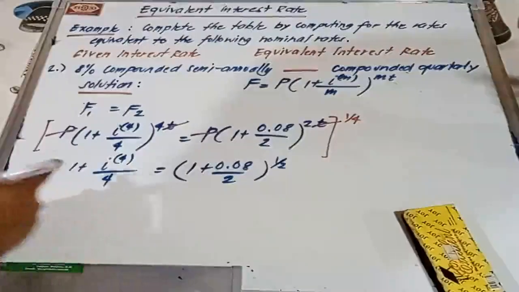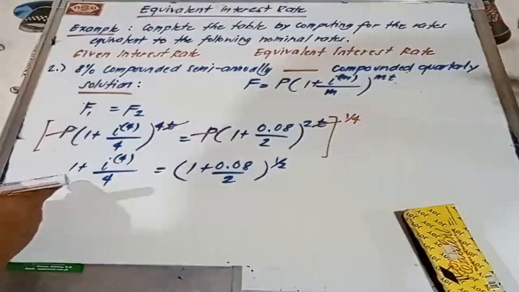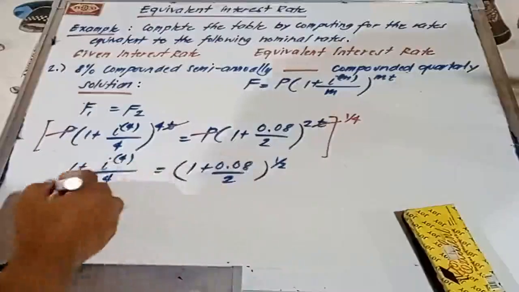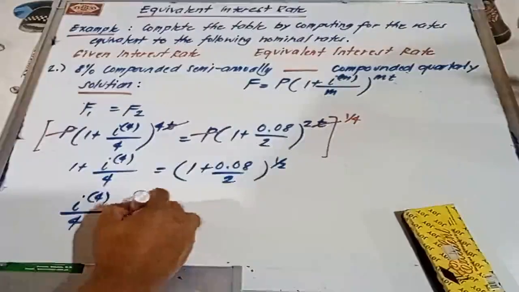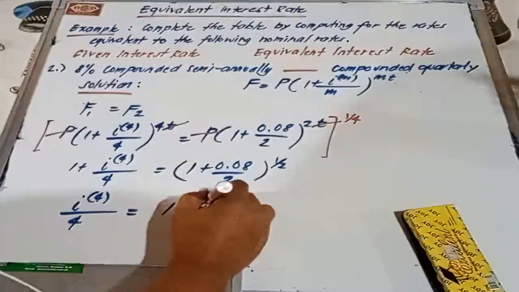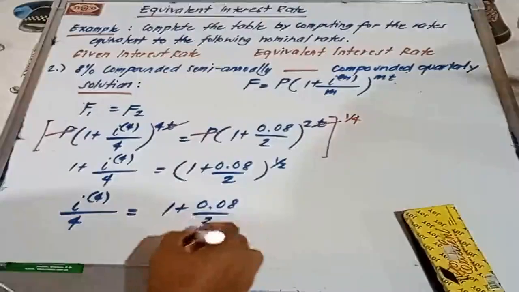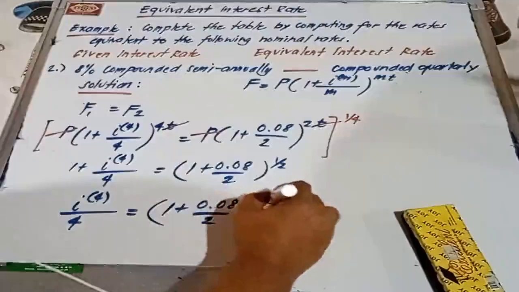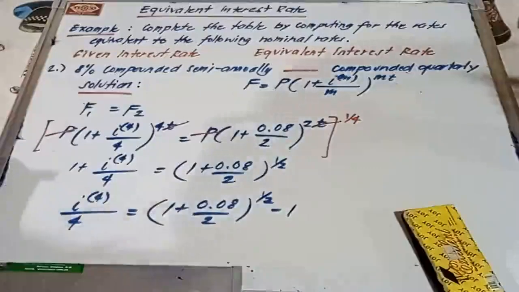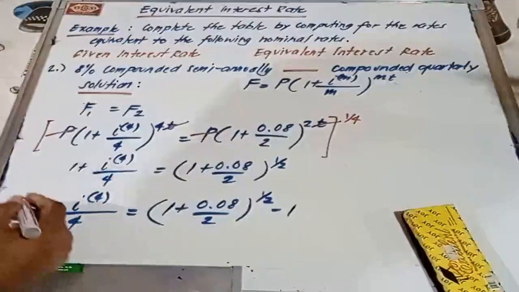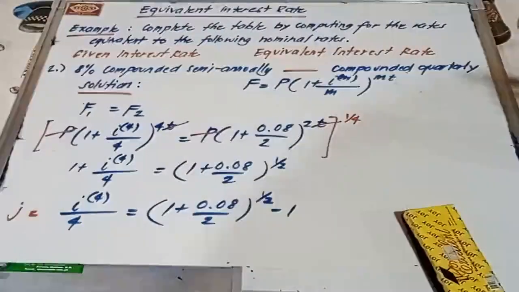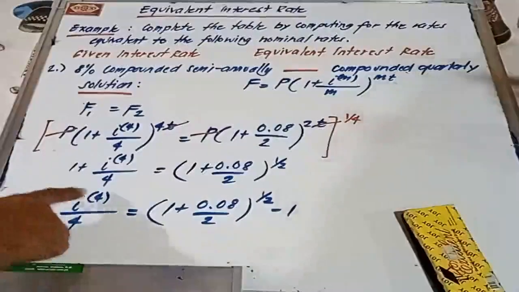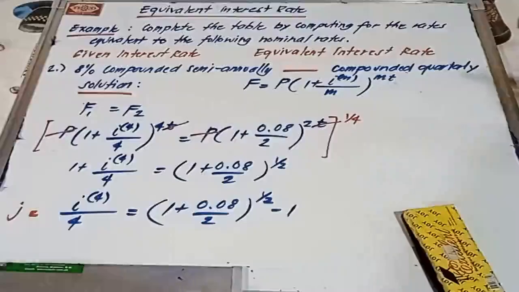And then, I'm going to transpose 1 to the other side. I over 4 equals 1 plus 0.08 over 2 raised to 1/2 minus 1. Ito na yung J natin. Ito yung J. Okay? Pero kailangan natin ay interest rates. We're going to solve I o interest compounded quarterly.